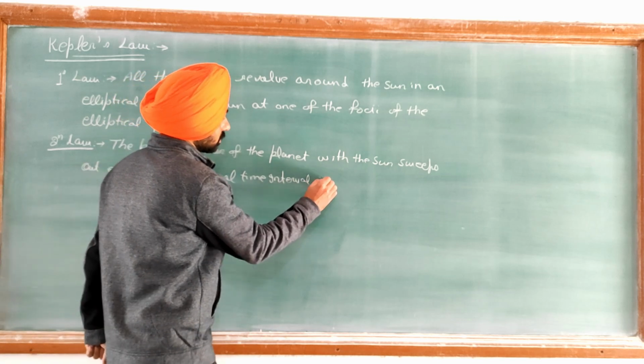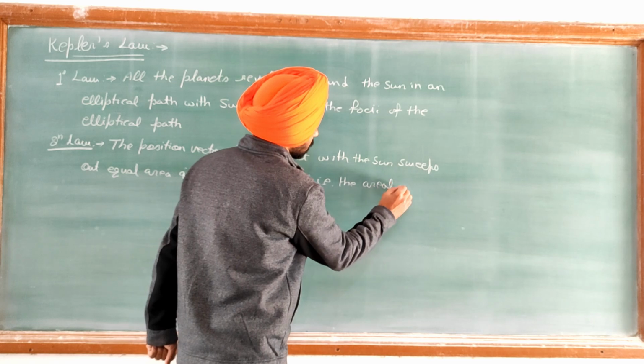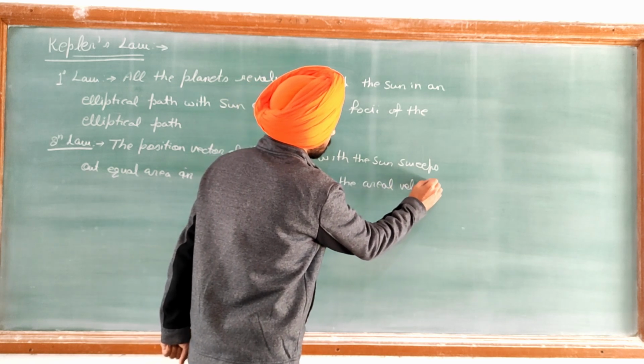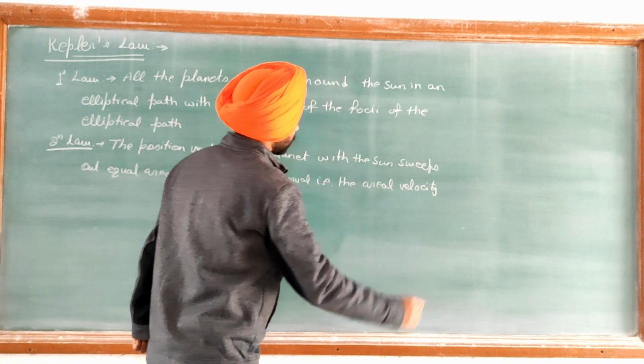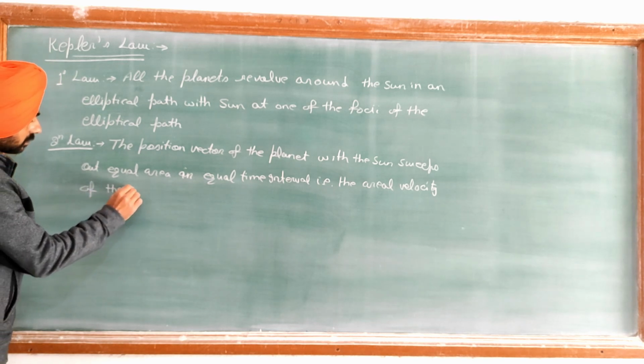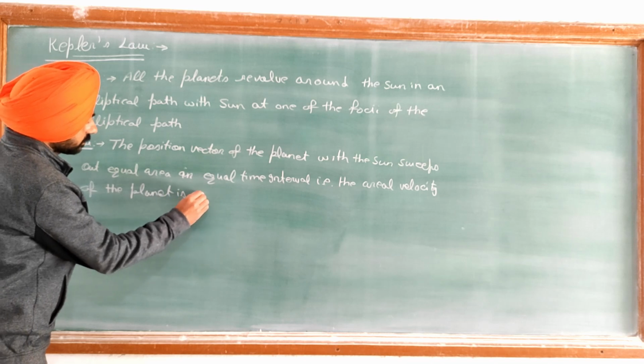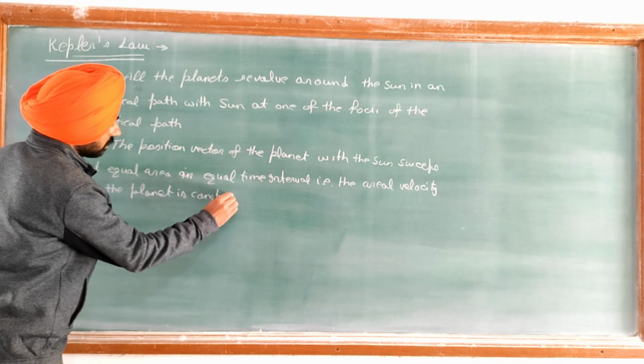That is, the areal velocity of the planet is constant. This is the second law.